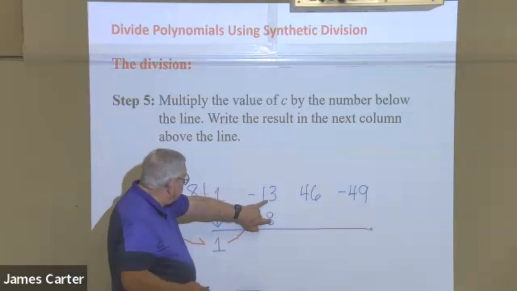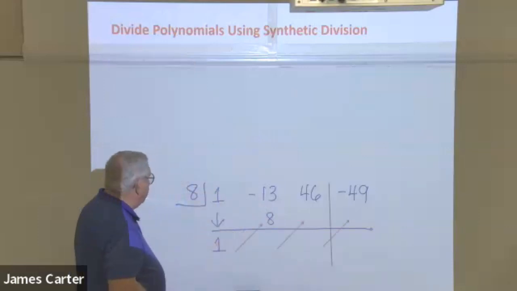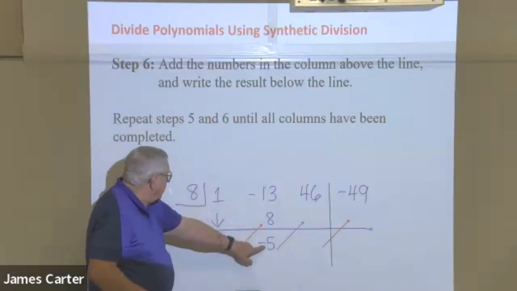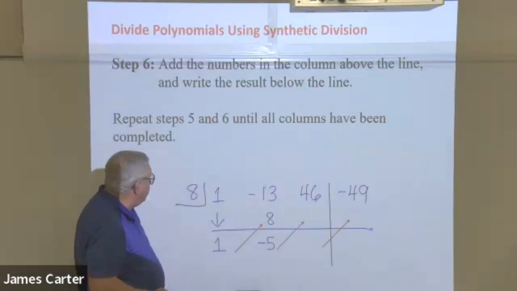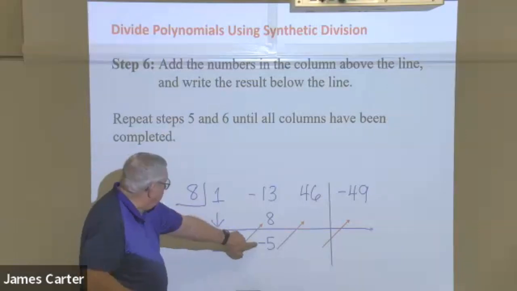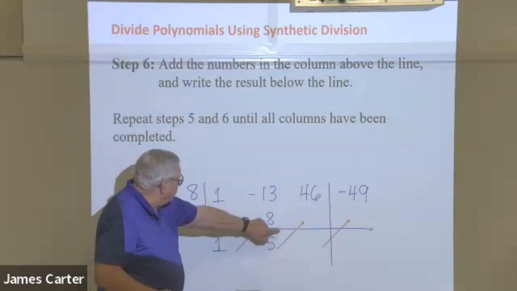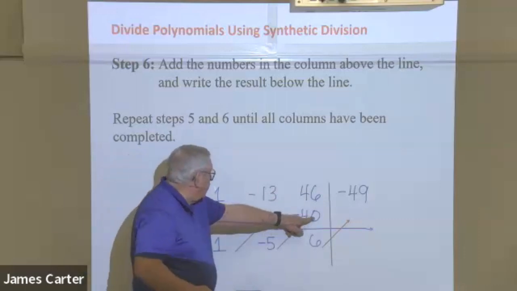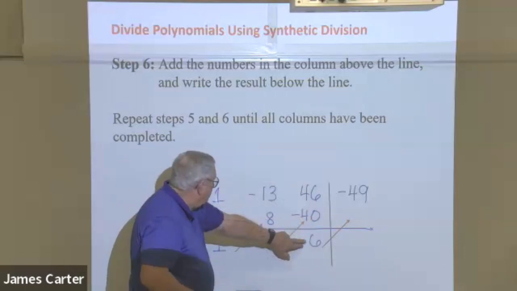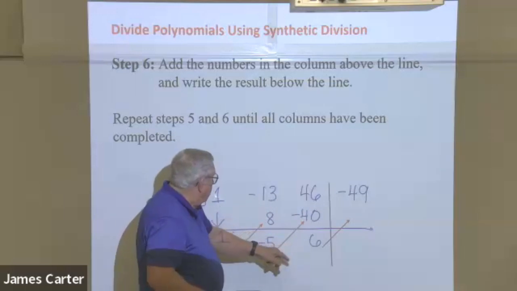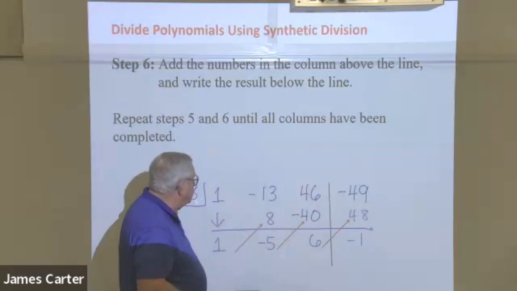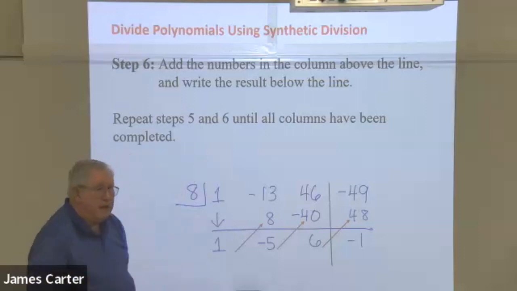Then our next step is we are going to add these two down. So negative 13 and positive 8 give you negative 5. Next step, take the divisor times this negative 5, which gives us negative 40. We add down, and we're ready to multiply again, in which case we get 48 with a remainder of 1.